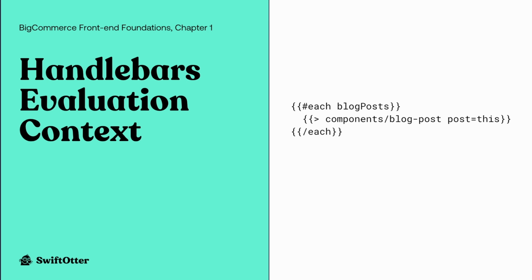In this case I can just pass that value referring to the current object in the loop, or the current context, in as post, so that in the child template, the blog post template, we should expect to be able to reference values like this. We have a post object that was passed in with the title and the author. So that's just a quick example of how these different context switches can actually be used in combination.